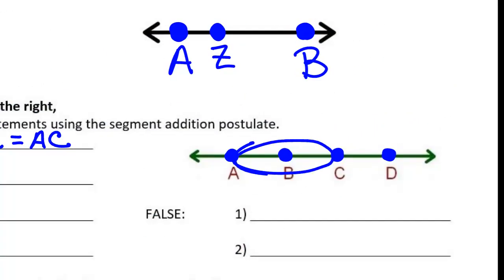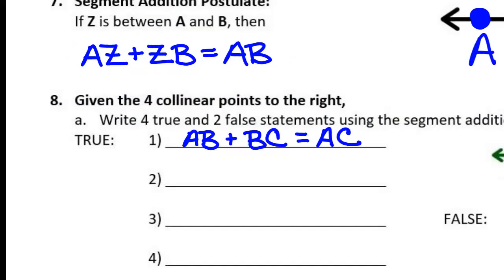I can take segment AC, this one right here, and put it together with segment CD right here. If I add segment AC and segment CD together, what segment would it give me? AD, yes. AC plus CD equals AD.